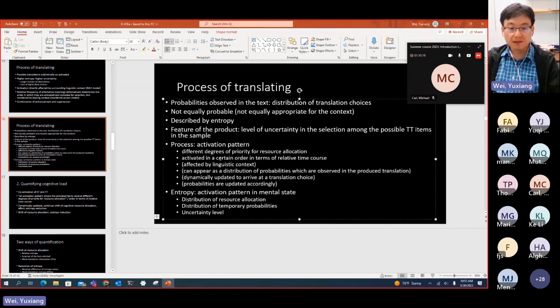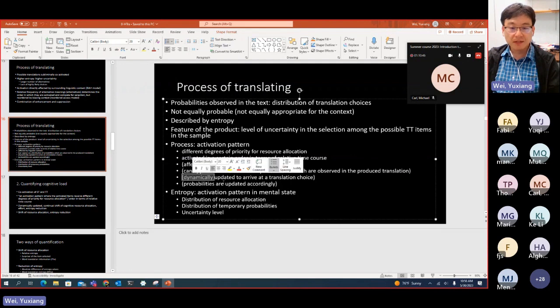This activation would be affected by linguistic context, and they can appear in the text as a distribution of probabilities we can observe in the product. In other words, the probability distribution in a product can be considered a manifestation of this activation pattern in the mind.